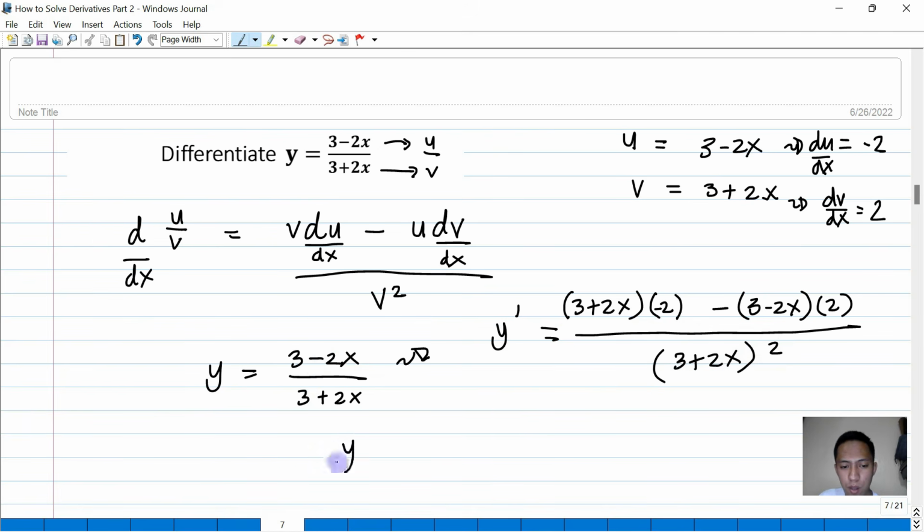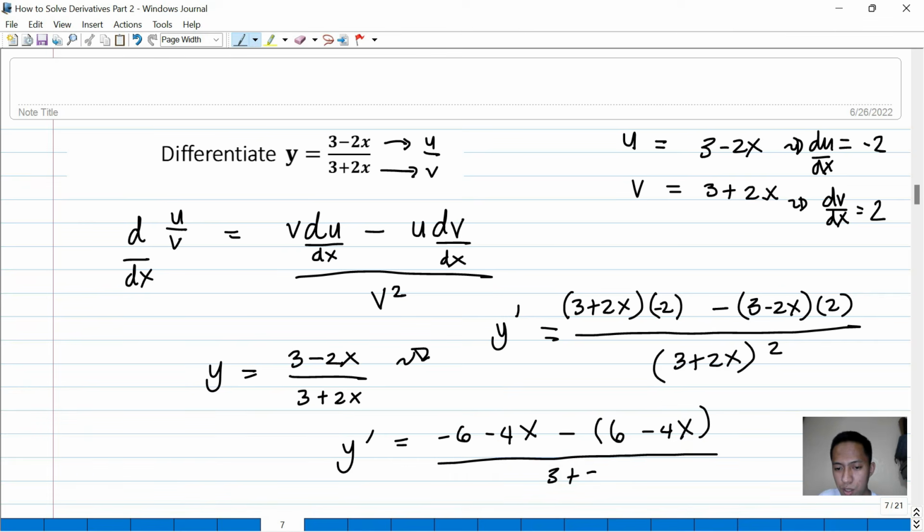So we have y prime equals, so this becomes negative 2 times 3, negative 6, positive 2x times negative 2, negative 4x, and we have here minus, we have 3 times 2, that is 6, and we have 2 times negative 2x, that is negative 4x, okay, all over (3 plus 2x) squared.